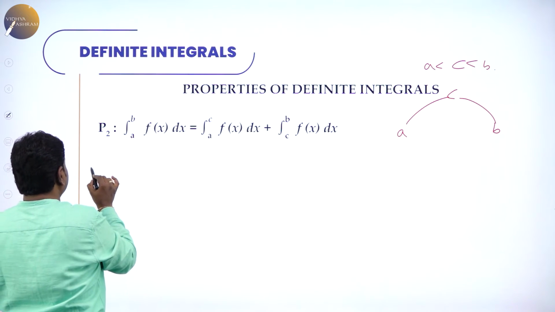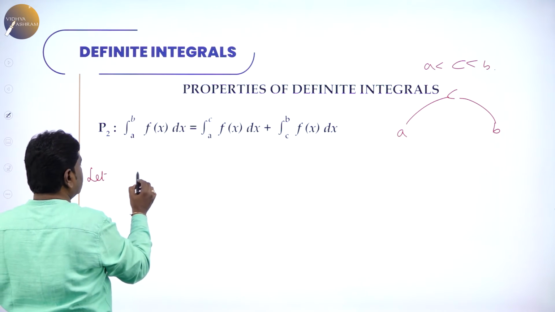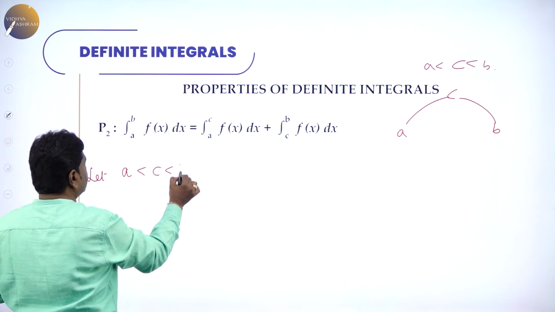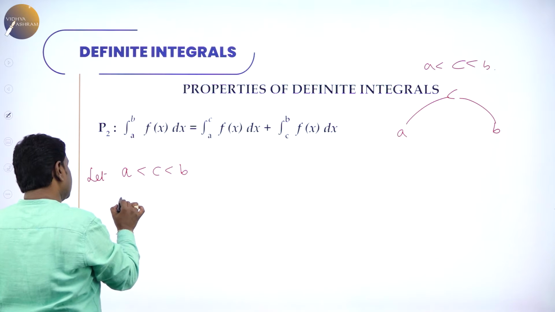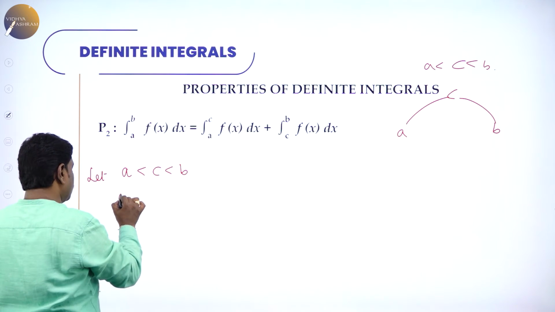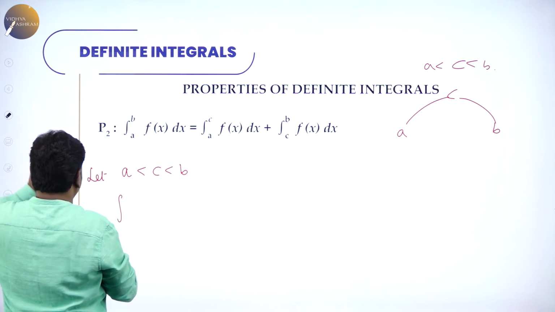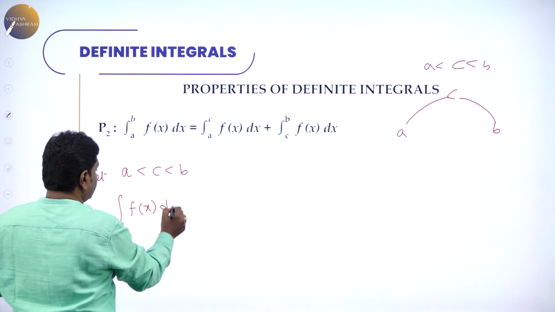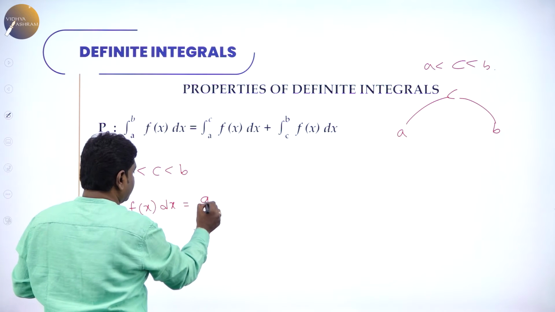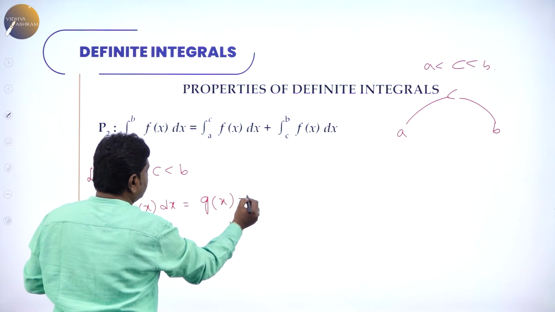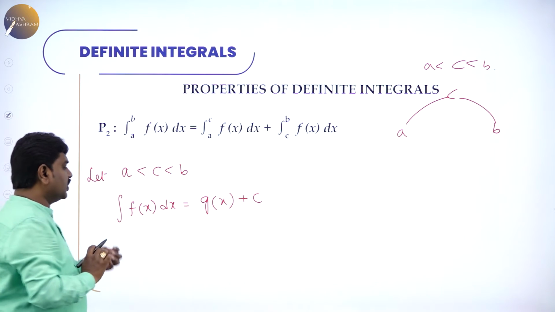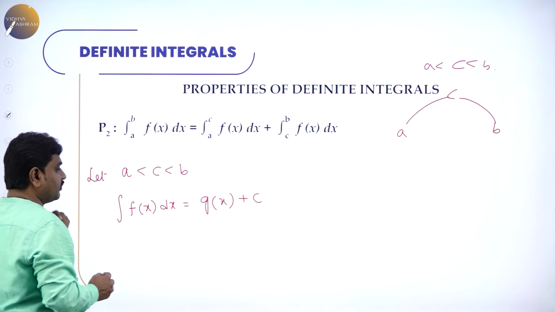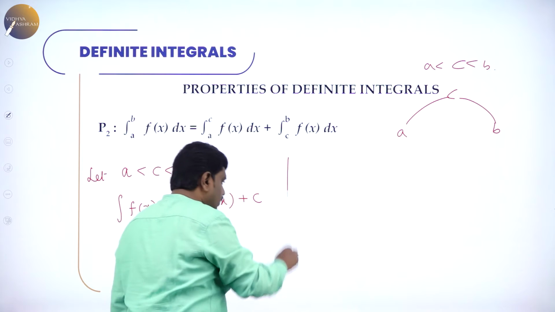Now let us assume c is a value lying between a and b. And for integration of a to b of f of x dx, I'm assuming integration of f of x is g of x plus c. Means integration of a function gives you an indefinite result, so I should put plus c. Now coming to LHS, I'll do only LHS here.